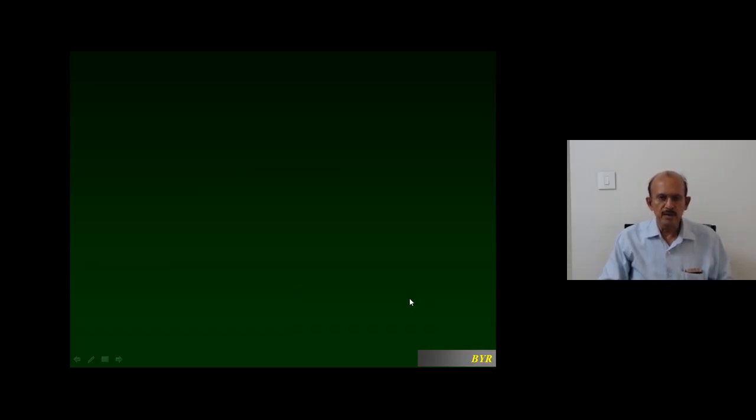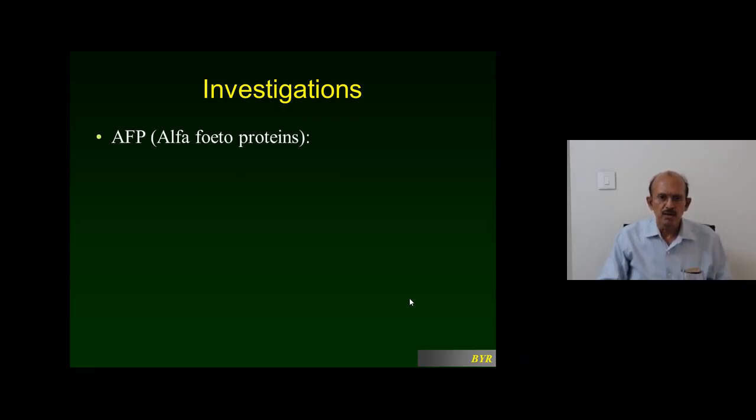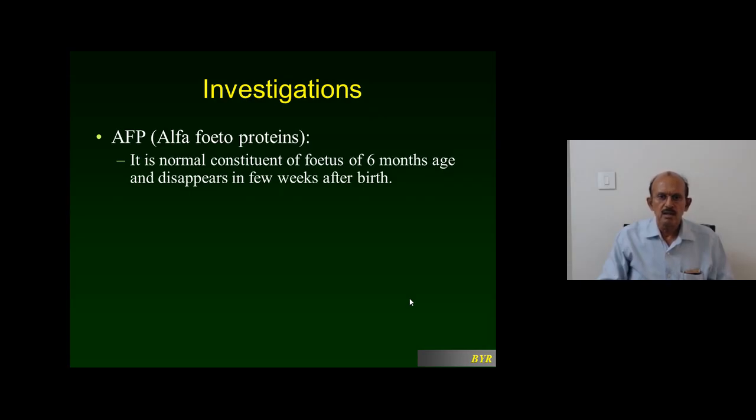We are discussing the investigations of hepatocellular carcinoma. Alpha fetoprotein is a normal constituent of the fetus of 6 months of age and disappears a few weeks after birth. It is called the tumor marker for hepatoma.